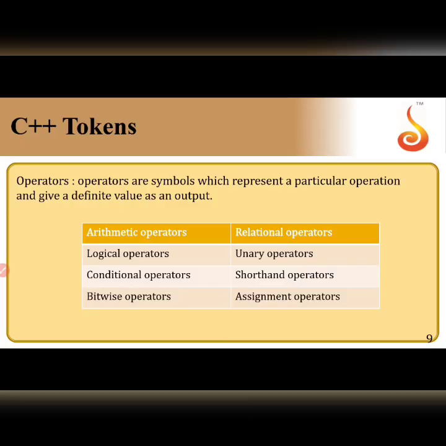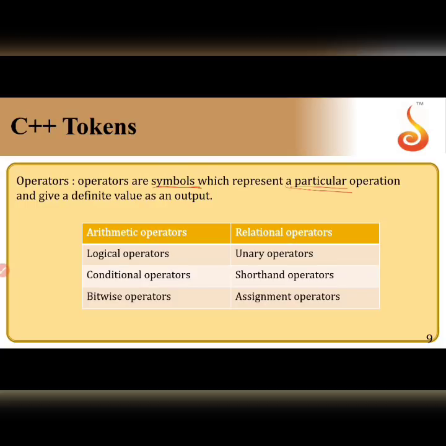Next is operators. So, what are operators? Operators are symbols which represent a particular operation and give a definite value as an output. So, to perform a particular operation, you use operators, which are nothing but symbols.